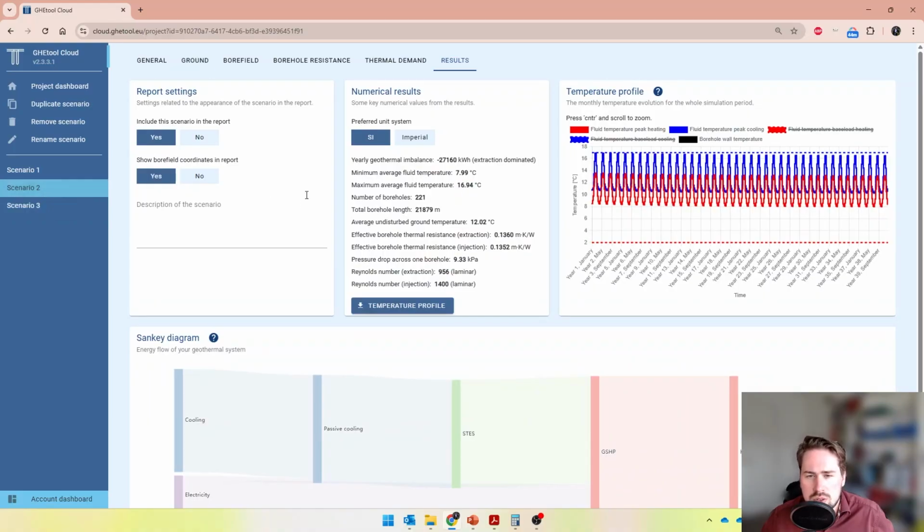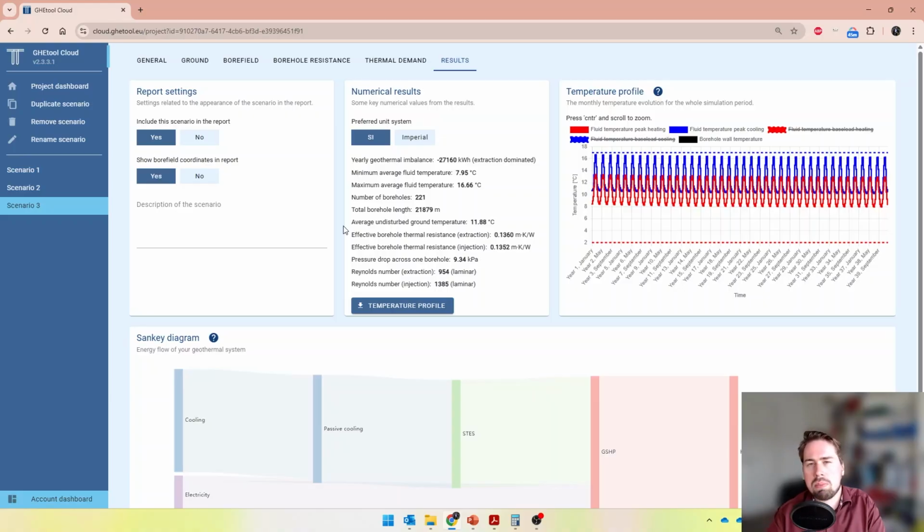16.66 degrees C instead of 16.9. Now why is that? A couple of reasons. First of all, the ground conducts the heat better, so it can dissipate the heat slightly better, but also the average ground temperature changes. Now perhaps you can find this strange at first sight, but you have to recall what we discussed in an earlier video, that the ground temperature is calculated using the geothermal heat flux from the earth.